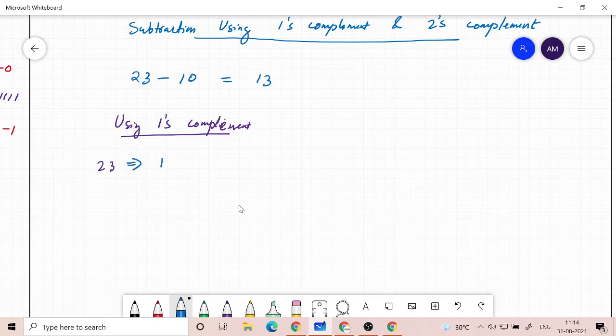We need 5 bits to represent it. 23 is basically 16 plus, if I put 8 it will go to 24, so I don't need 8. 0 plus then 4 plus 2 plus 1, right? 16 plus 7, so that is basically 1 0 1 1 1.